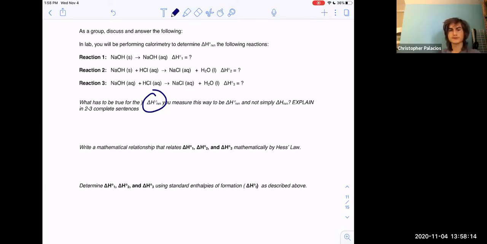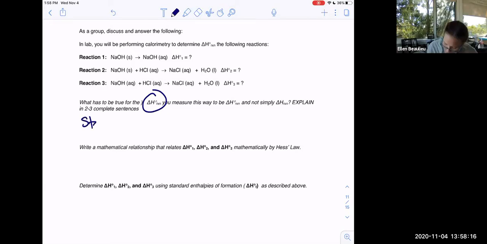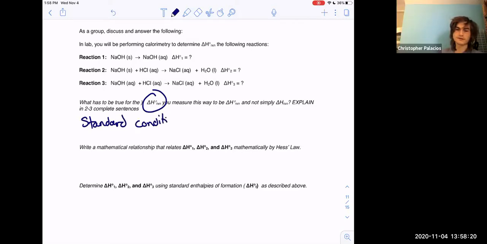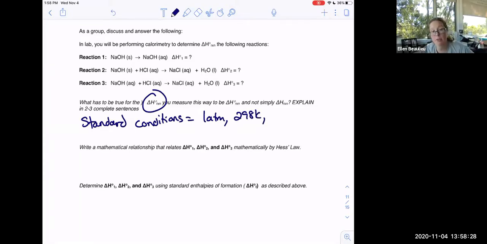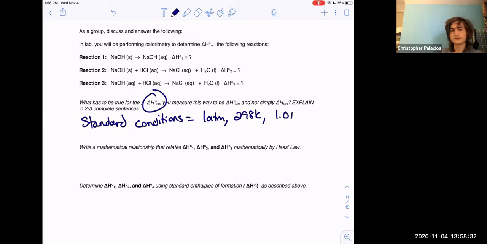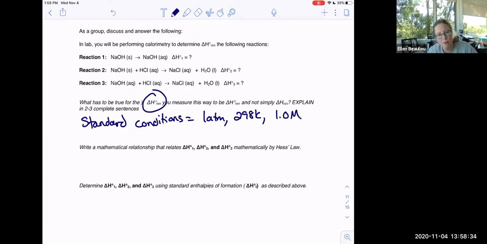Standard conditions. Standard conditions, which are what, Chris? 1 atmosphere. 298 Kelvin. And these are aqueous reactions, so what else? 1 molar. These are going to be 1 molar solutions at 1 atmosphere and 298 Kelvin.